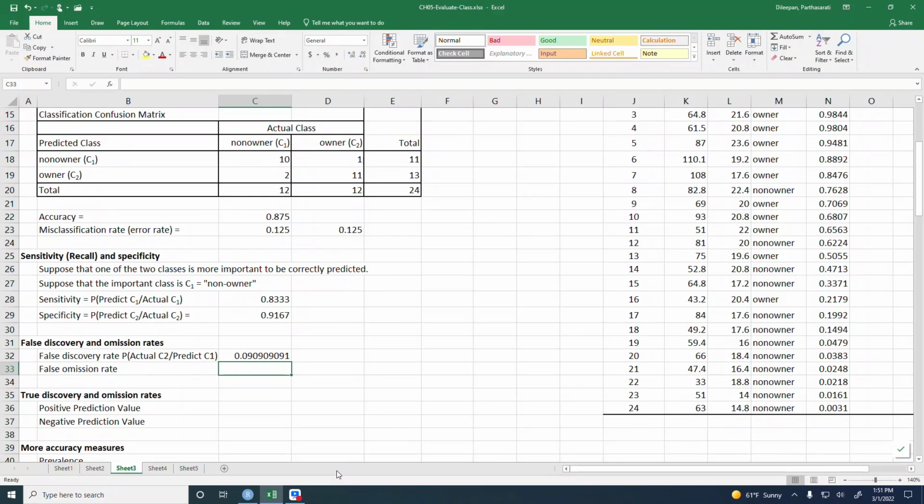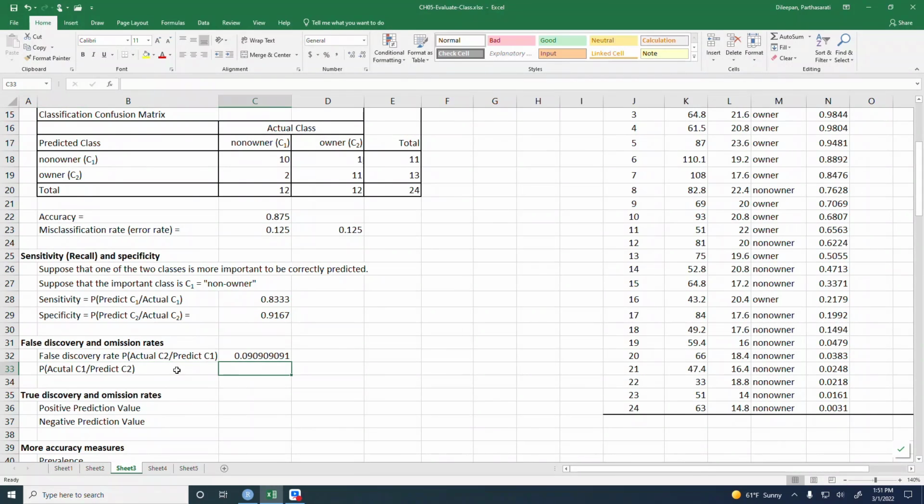Okay. And false omission rate is we omit, so that will be probability of given that we predict C sub 2, so which means we are omitting. We are not saying that that's a positive class, but actually it turns out that it is. So actual is C sub 1.